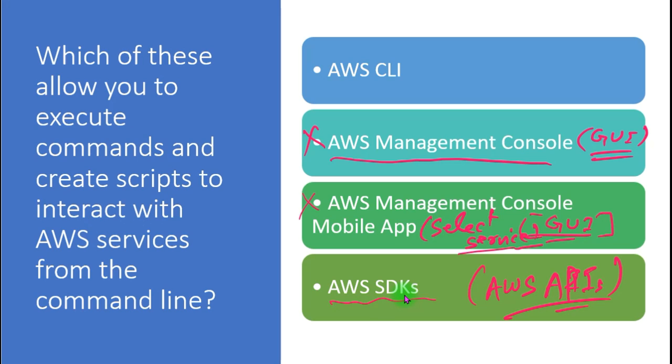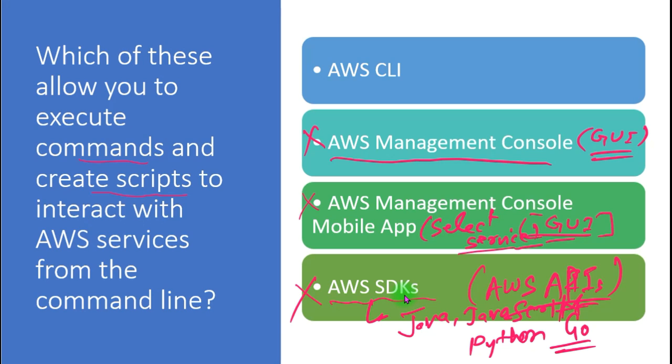We can write our code in any programming language, and we need to integrate it in our applications. Through that we can manage the AWS services. So here we just need to execute commands and create a script to interact with AWS services. So this is not correct because here we are not creating code through any programming language.